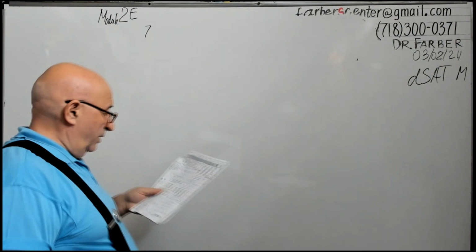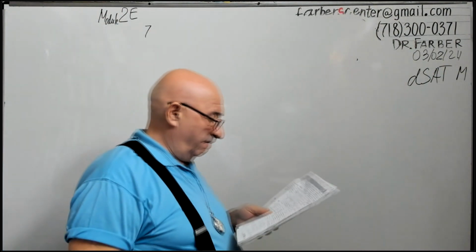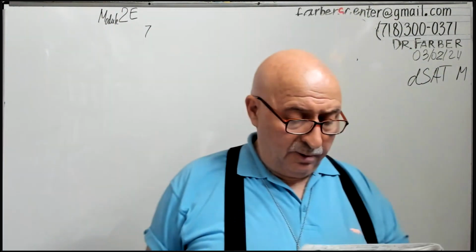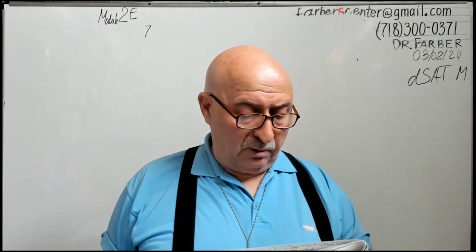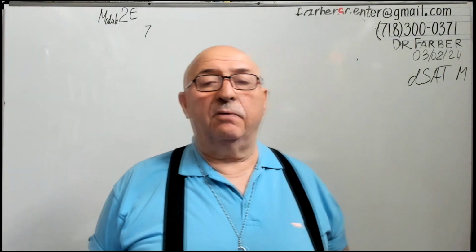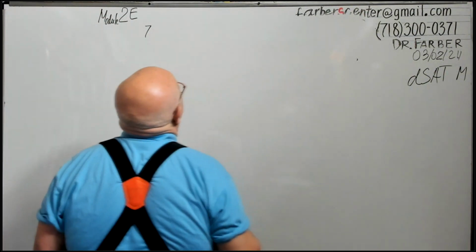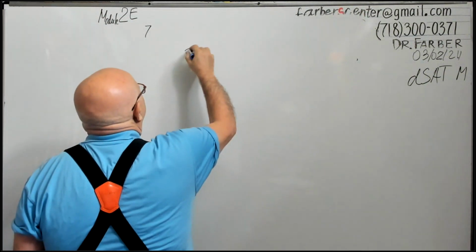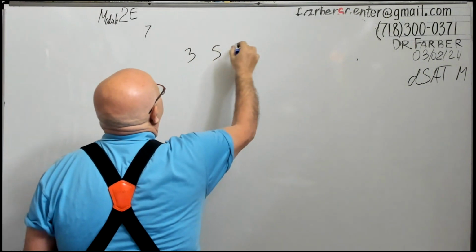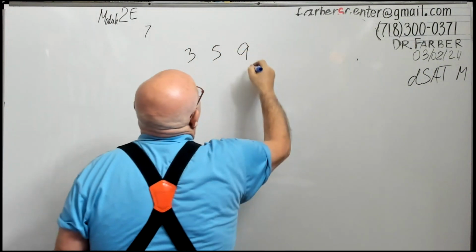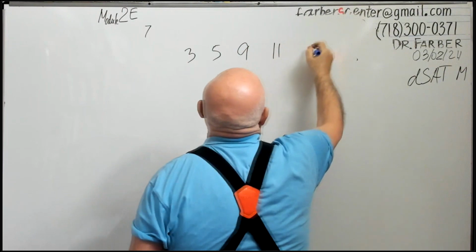For a set of 11 different rational numbers, which cannot affect the median. What is a median? I give an example. For instance, we have 5 numbers arranged: 3, 5, whatever, 9, 11, and 12.